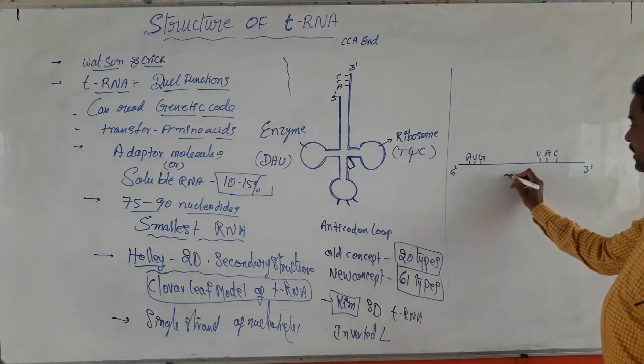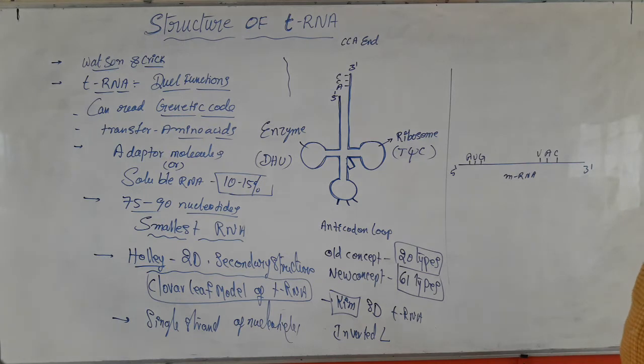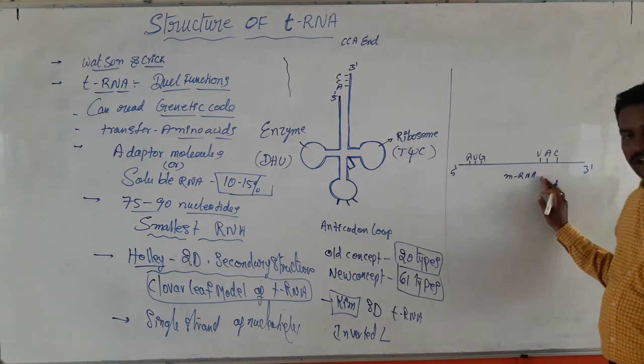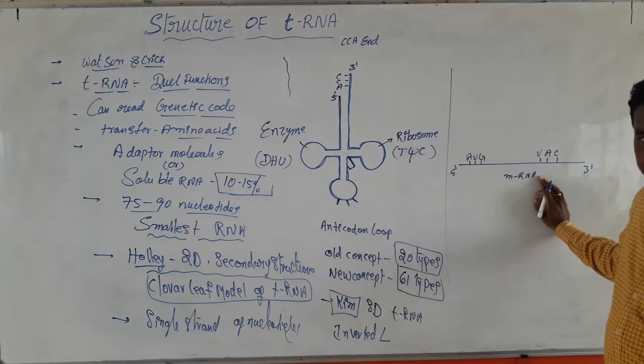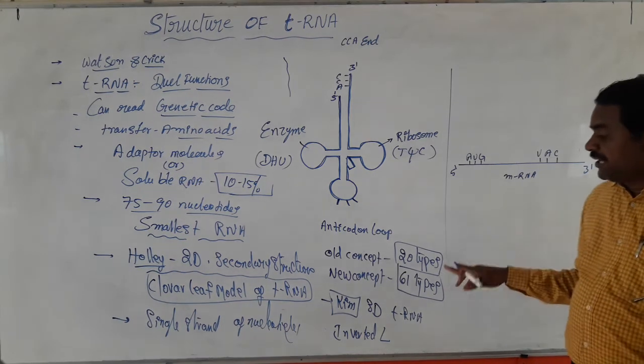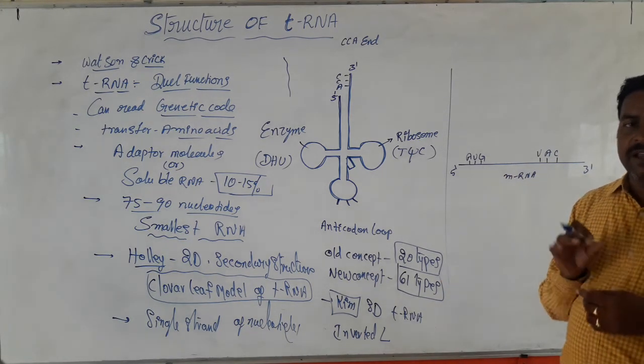Both are among the 64 codons. According to the new concept, every sensible codon present in mRNA is represented by a specific tRNA.